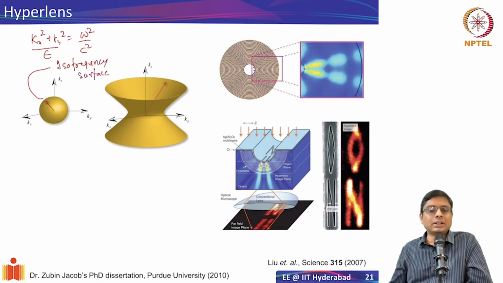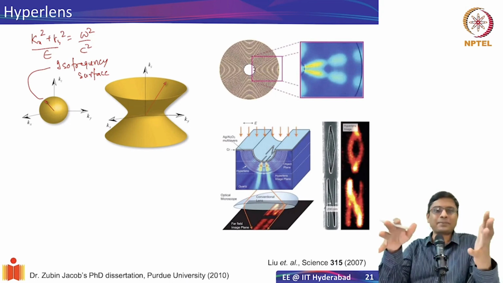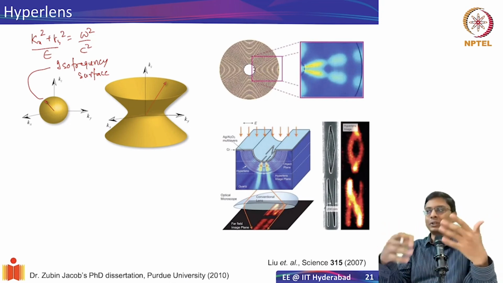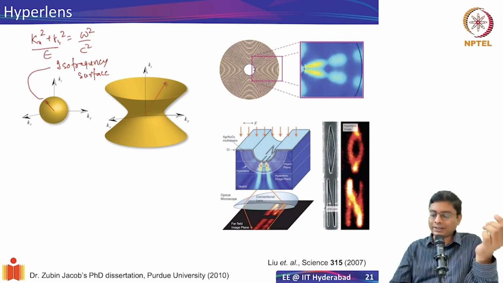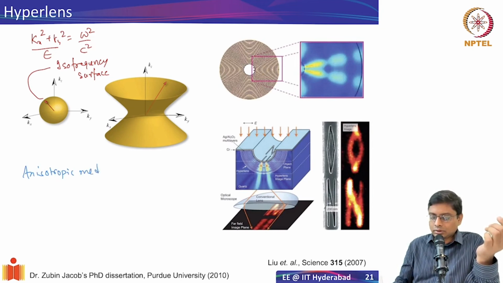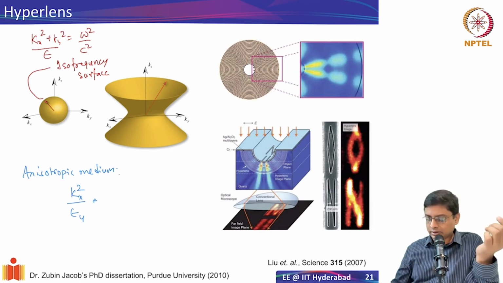Now, this is with regular materials, but with our knowledge of, let's say, the metal dielectric slabs, we saw that we are able to get anisotropic surfaces. So in principle, I can also have an anisotropic medium, wherein my dispersion relation becomes kx square divided by epsilon y plus ky square divided by epsilon x equals omega square by c square.